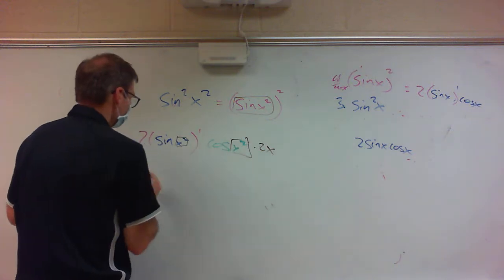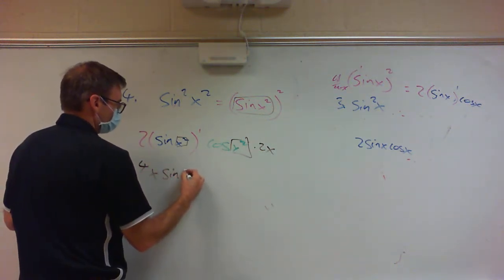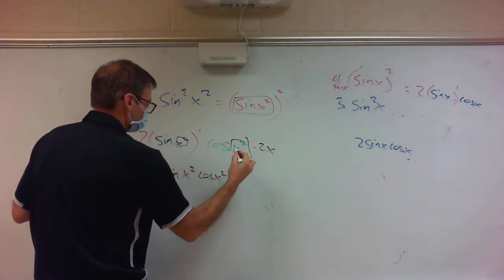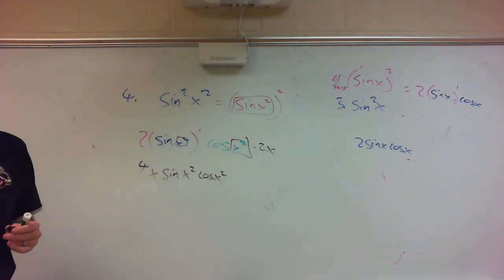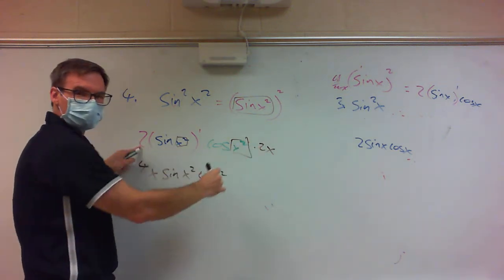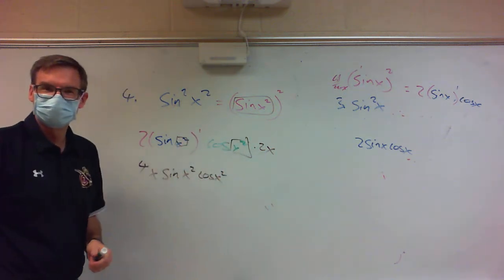Of course, when I simplify this whole thing, I end up with 4x sine of x squared cosine of x squared. I got the 4 from the 2x, 2 times 2x. And then I just copy this part down, and I copy this part down.